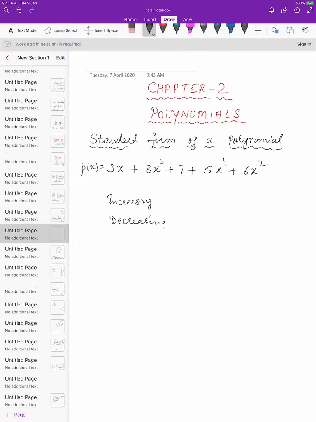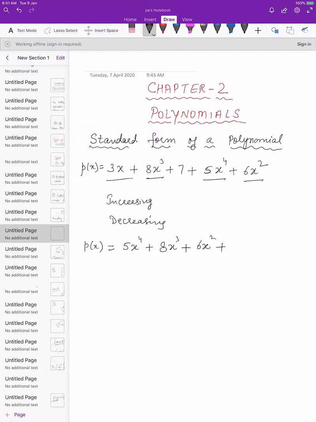In this polynomial p(x), if I want to write down the standard form, I would like to first write down the powers in the decreasing order. That means the highest power first and then we will keep on reducing the power. So in the polynomial p(x), if you see 5x to the power 4 is carrying the highest power, that is 4. Next term is 8x cube. Next is 6x square.